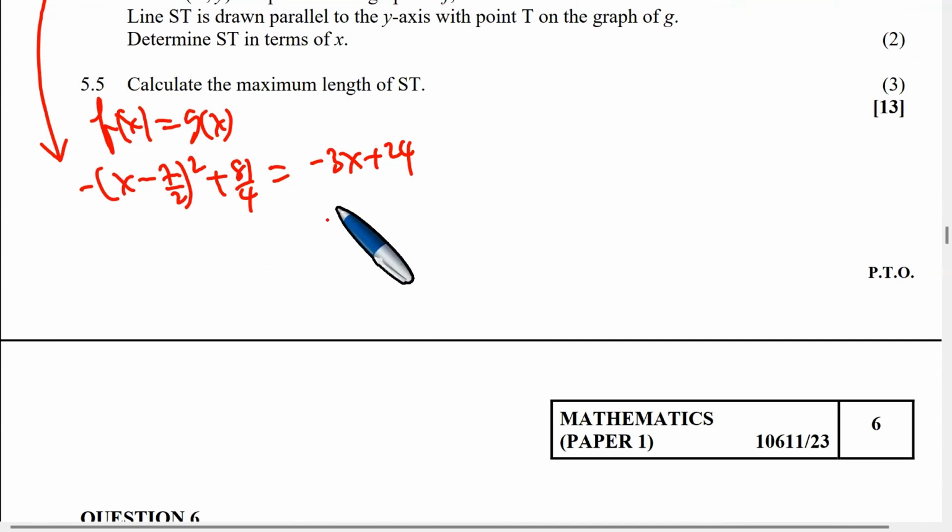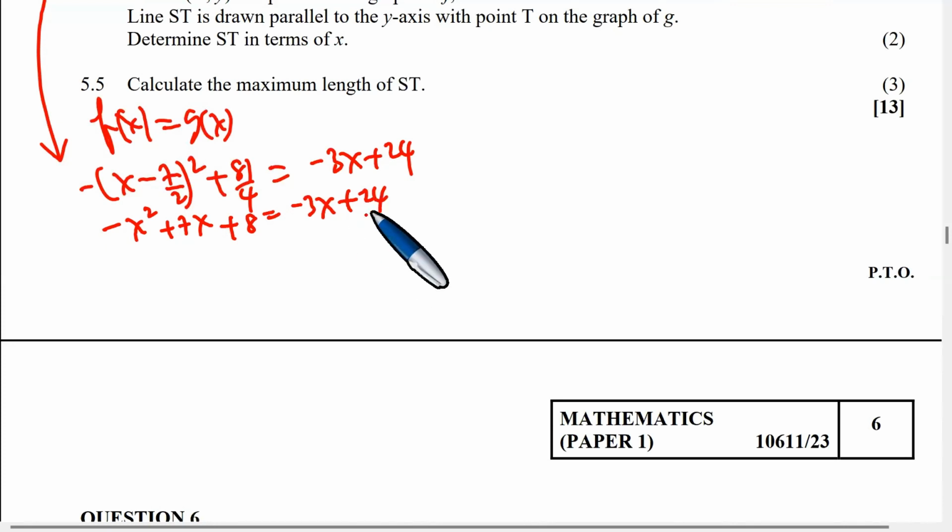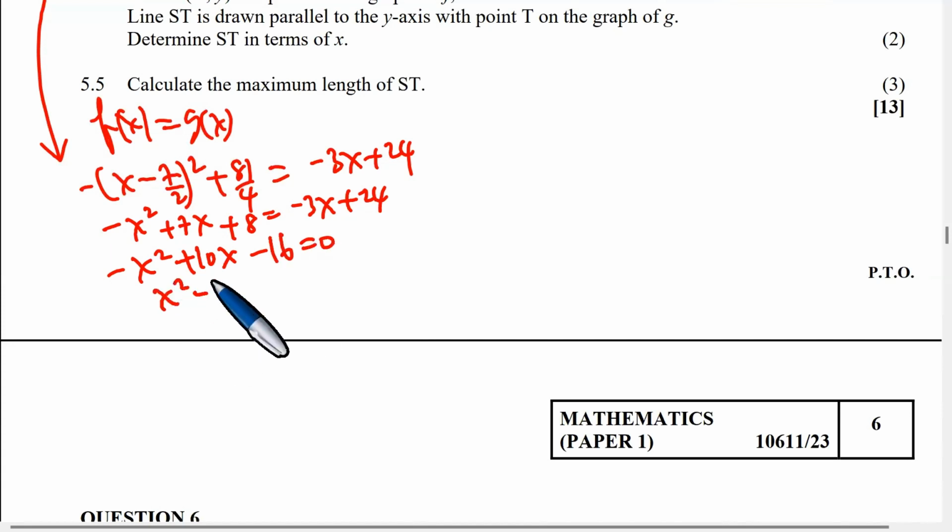Okay, let's square. If you multiply everything here, which is minus x squared plus 7x plus 8 equals minus 3x plus 24, which is plus 3x. Minus x squared plus 10x minus 16 equals 0.